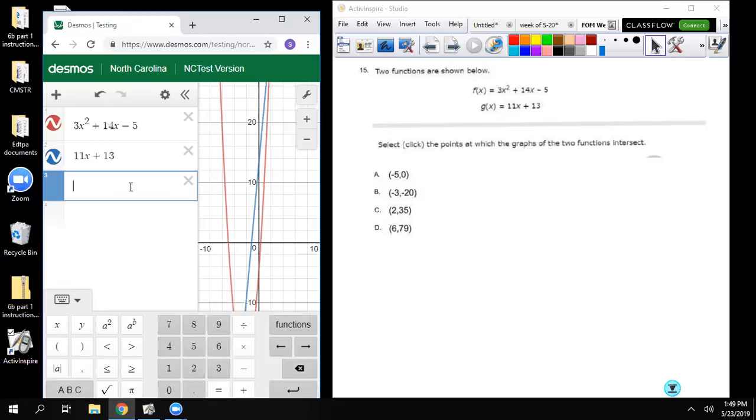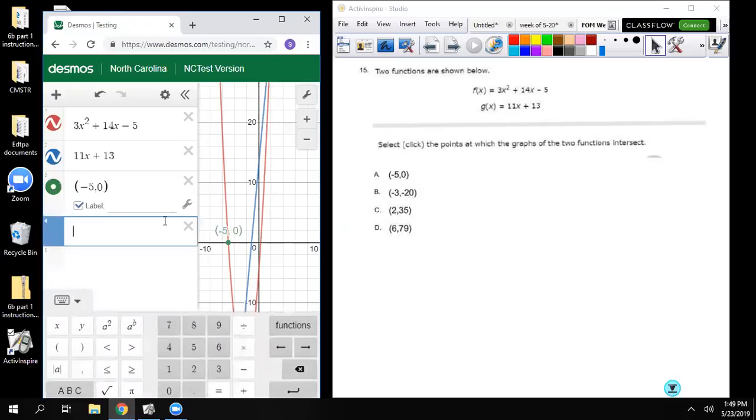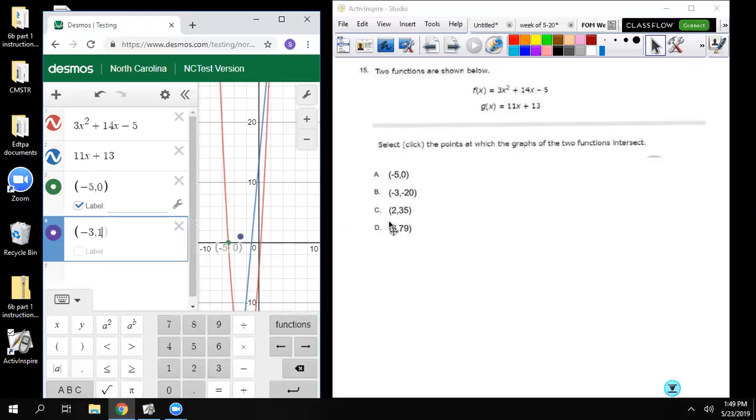So the first thing I'm going to do is go ahead and enter in my answer choices. I have negative 5, 0. I want to label that. I have negative 3, 20, and I'm going to enter that and label it, of course.